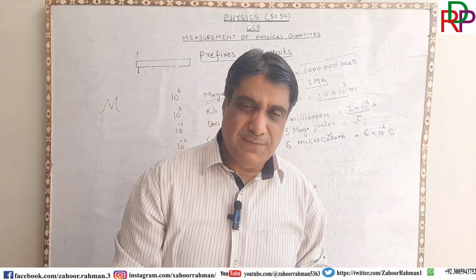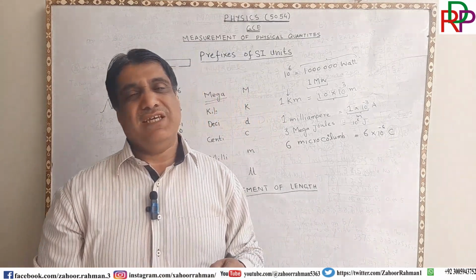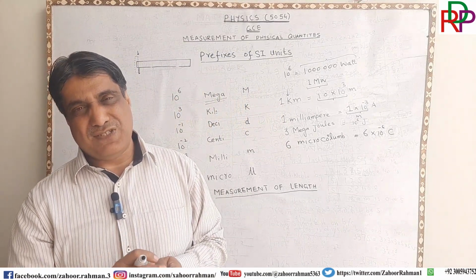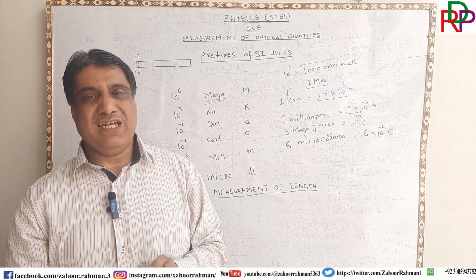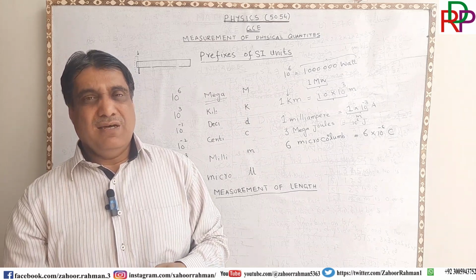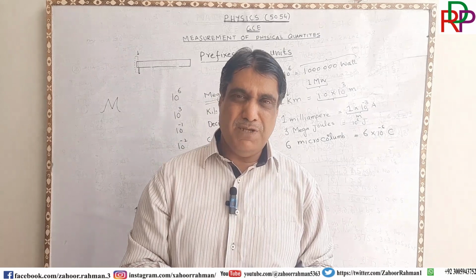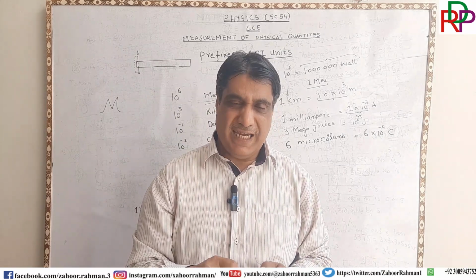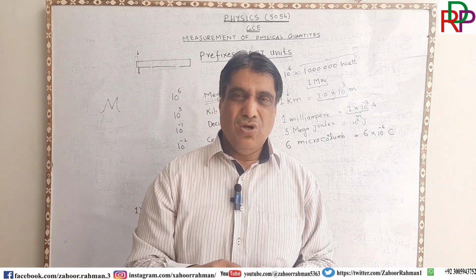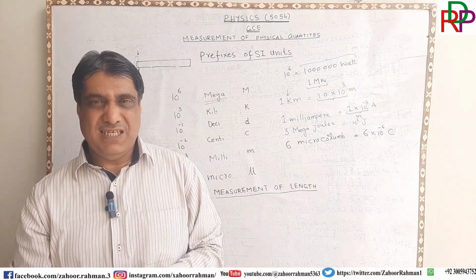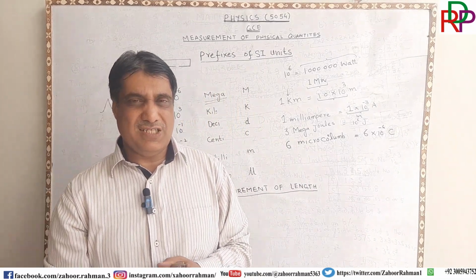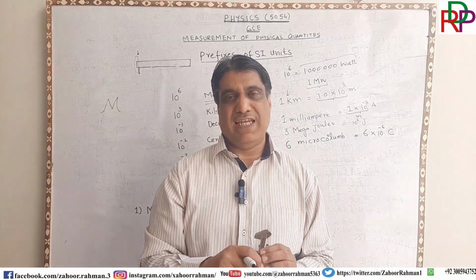There are two types of error: positive zero error and negative zero error. Positive zero error should be subtracted from the final value, while negative zero error should be added to the final value. It is given in your book as well.